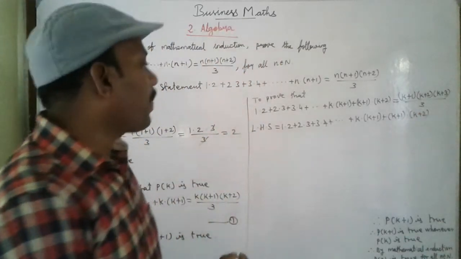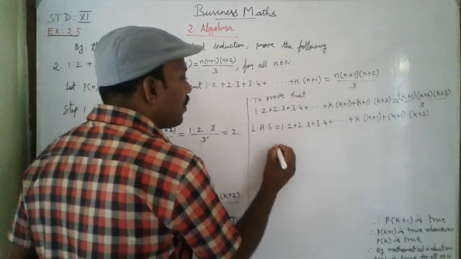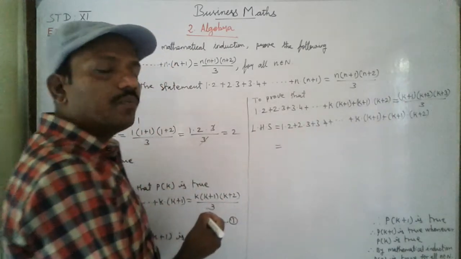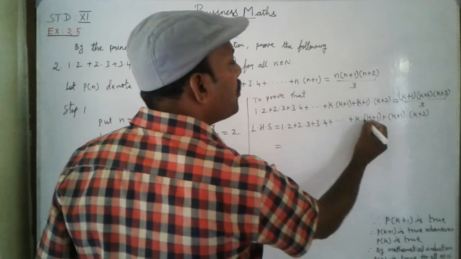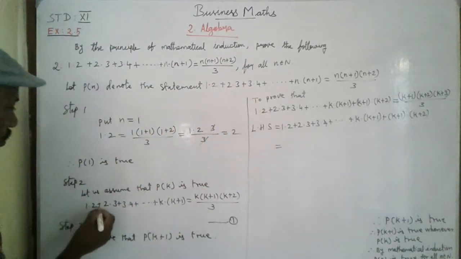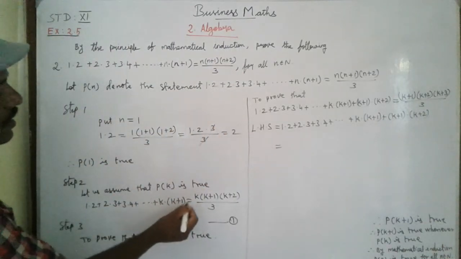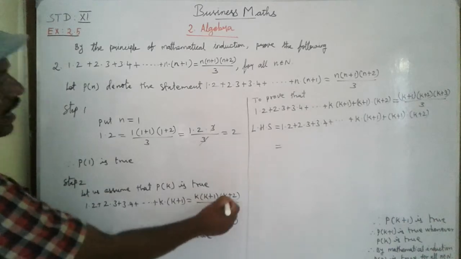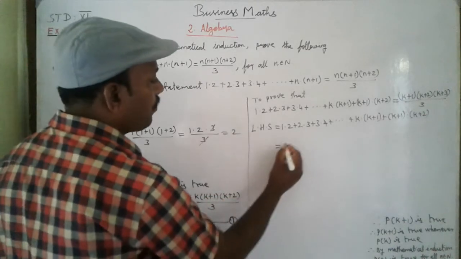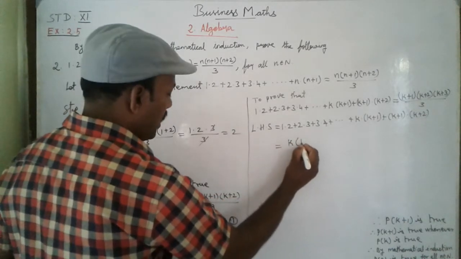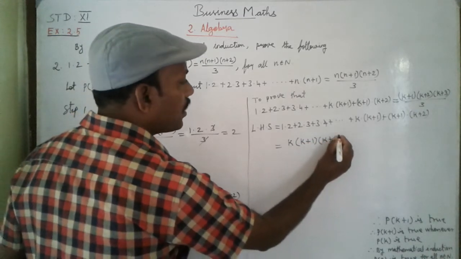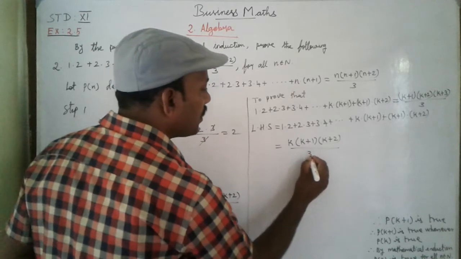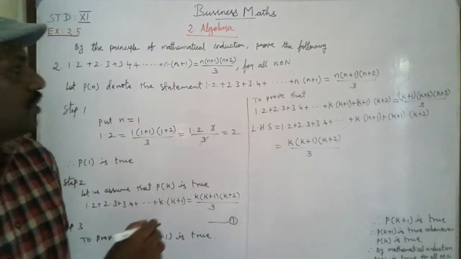We should take the LHS and prove the RHS value. So 1 into 2 up to k into (k+1) is the result k(k+1)(k+2) divided by 3, this value.